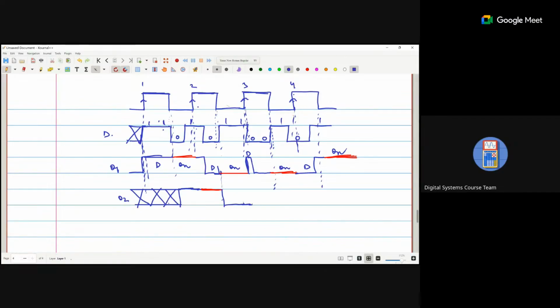After that, this data is changed, but this is available in D1, so no change. Okay, when the negative clock is applied, this is the data, no change. When the negative level is applied, the data, so this is fine.